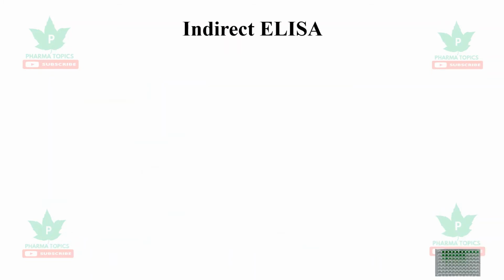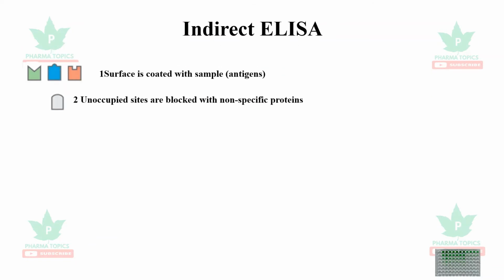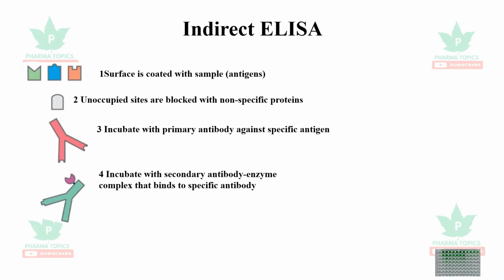The next technique is indirect ELISA. Here, the first step is the surface is coated with the sample, that is the antigens. Then the unoccupied sites are blocked by non-specific proteins. Then it is incubated with the primary antibody against the specific antigen. Then it is incubated with the secondary antibody enzyme complex that binds to the specific antibody.